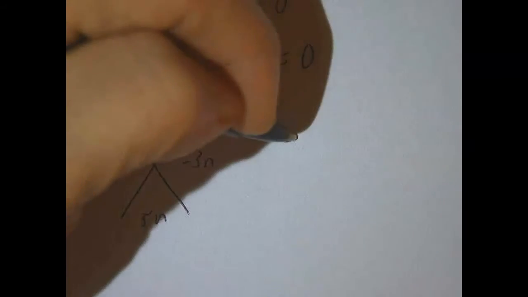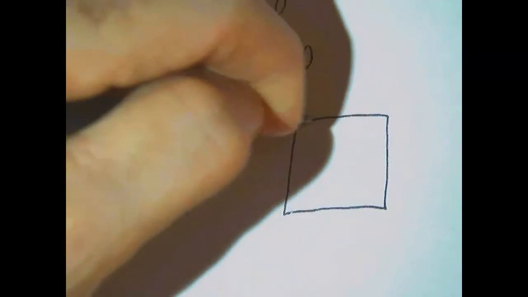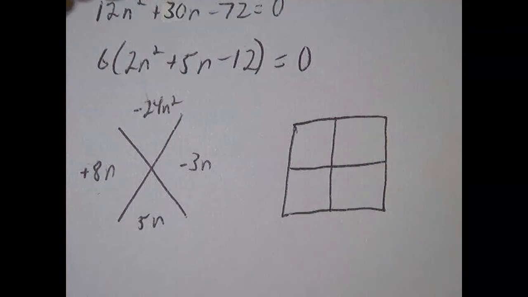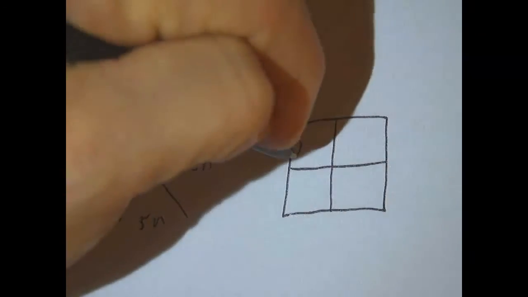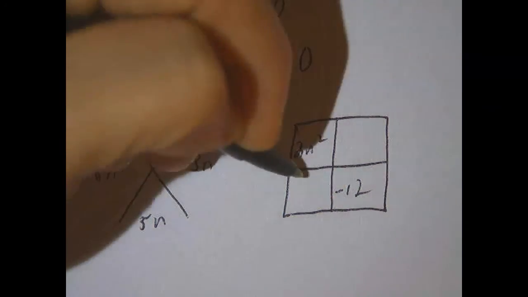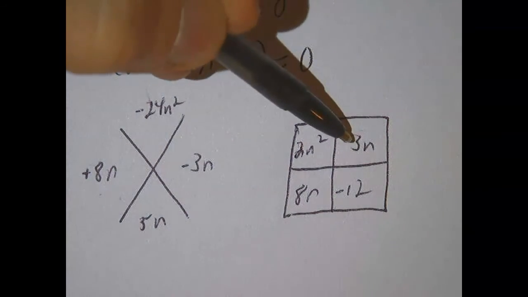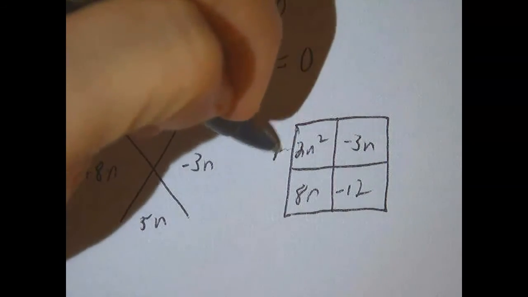So I have 2n squared, negative 12, 8n, and negative 3n. Factor out the n going this way.